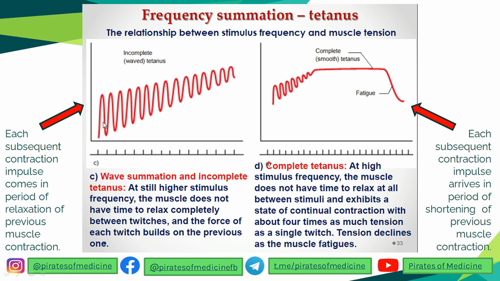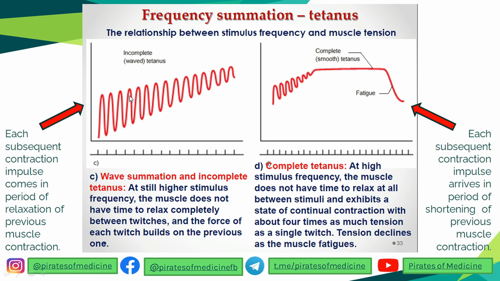It has relaxed a little, but the next impulse comes and the muscle starts to contract, and then it starts to relax, and then another impulse comes before it has relaxed completely, and then it contracts again and then relaxes, and again an impulse comes. So you can see the impulse is coming in a period of relaxation, but the frequency, the speed of impulse, is increasing. Slowly the impulse is coming very quickly, and the muscle does not have enough time to relax.